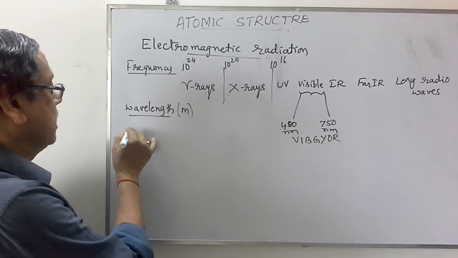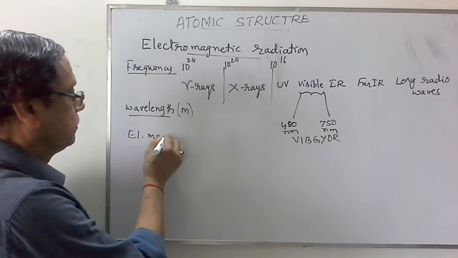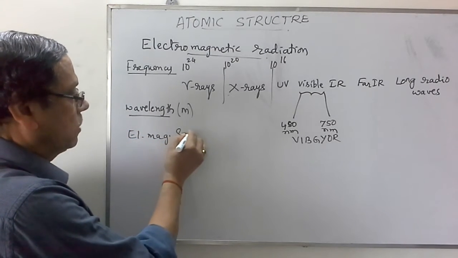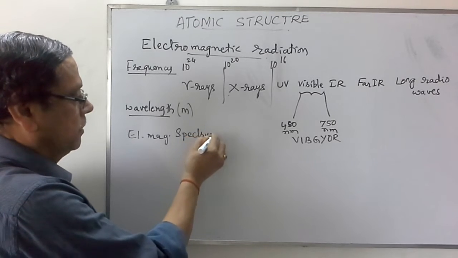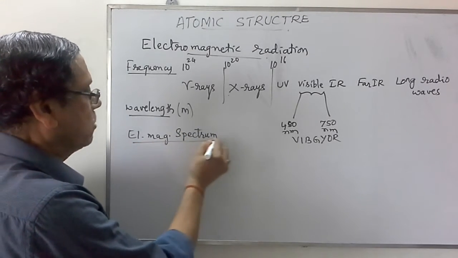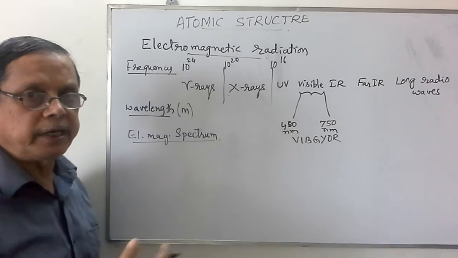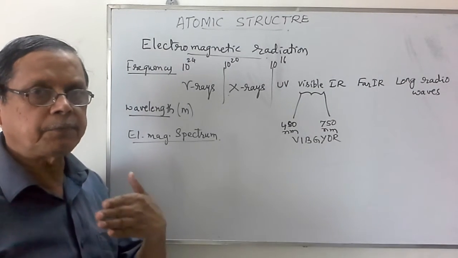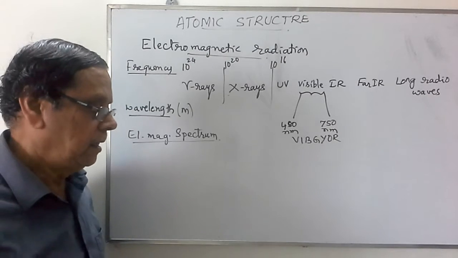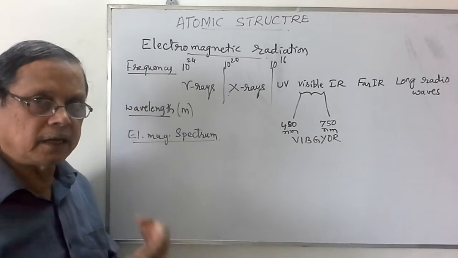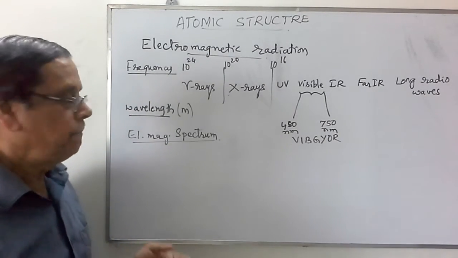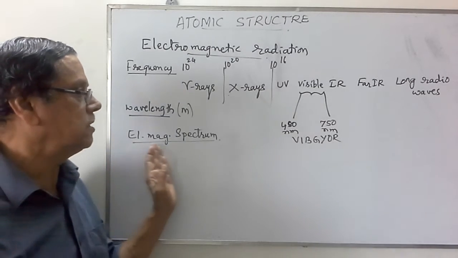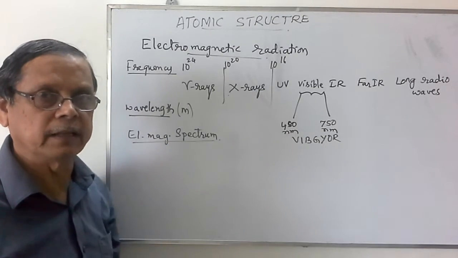Now let us consider the electromagnetic spectrum. When any ray containing more than one frequency is passed through a dispersion, we observe that all these frequencies are separated from one another.